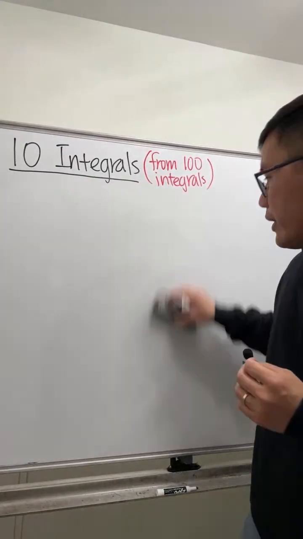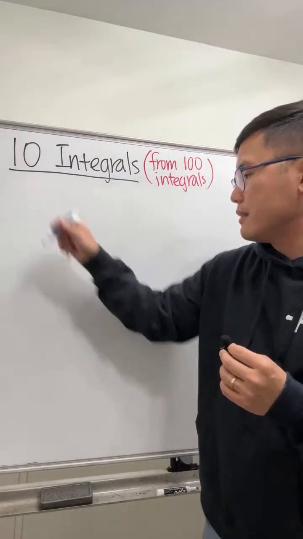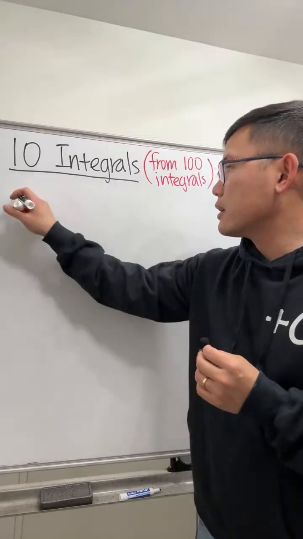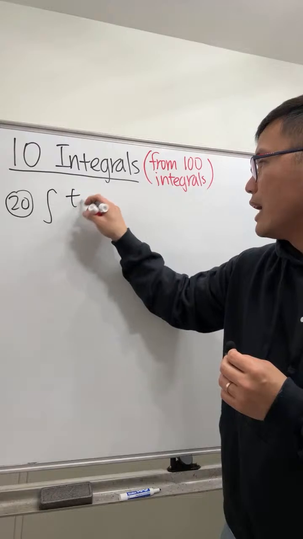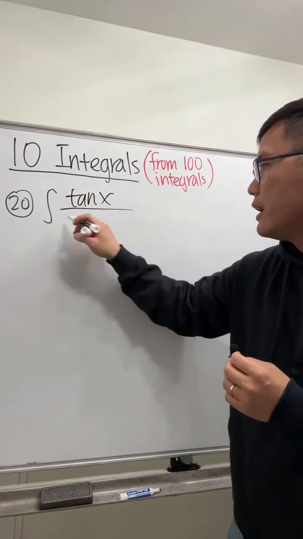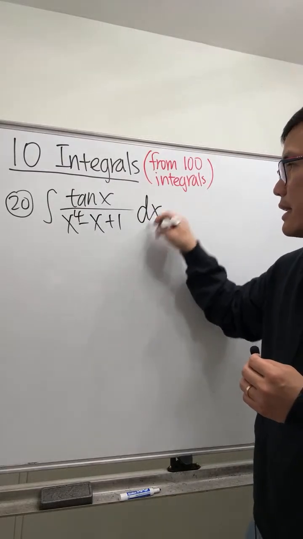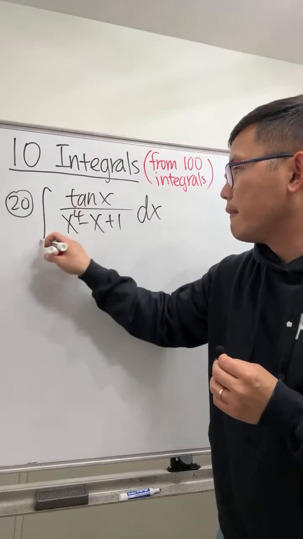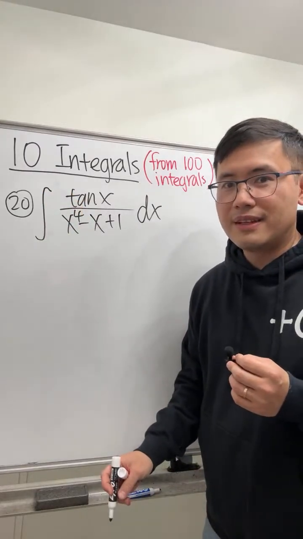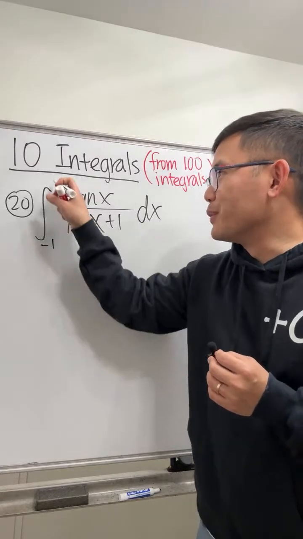Next one is going to be quick if you see how it is. Number 20. Integral, here we have tangent of x to the 4th minus x plus 1 dx, from -1 to 1.